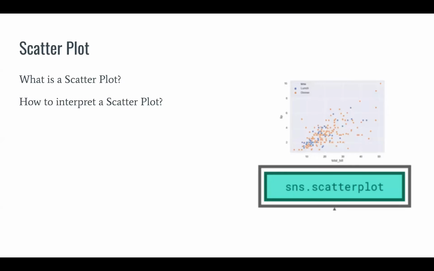So scatter plots basically is a chart that displays the relationship between two variables, and the values of one variable are plotted on the horizontal axis, and the values of the other variables are plotted on the vertical axis. And each point on the chart represents a pair of values for the two variables.